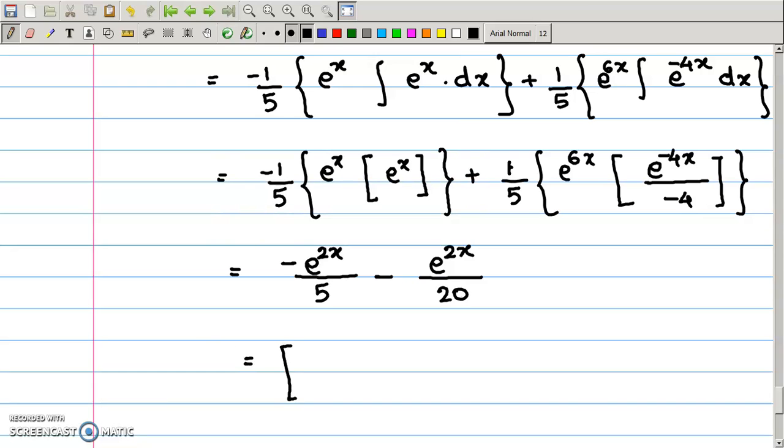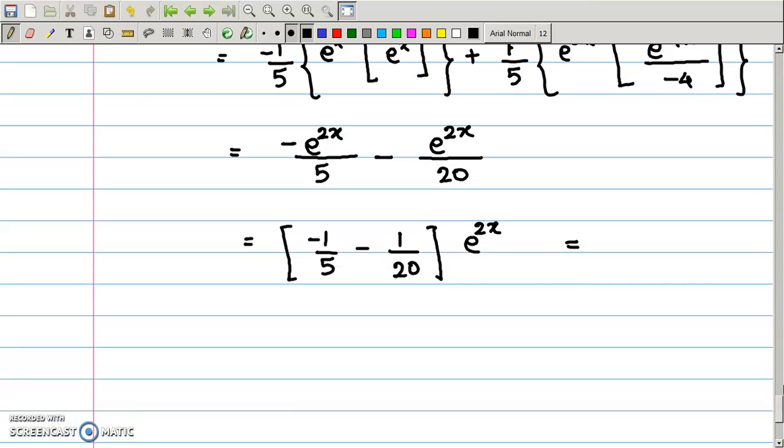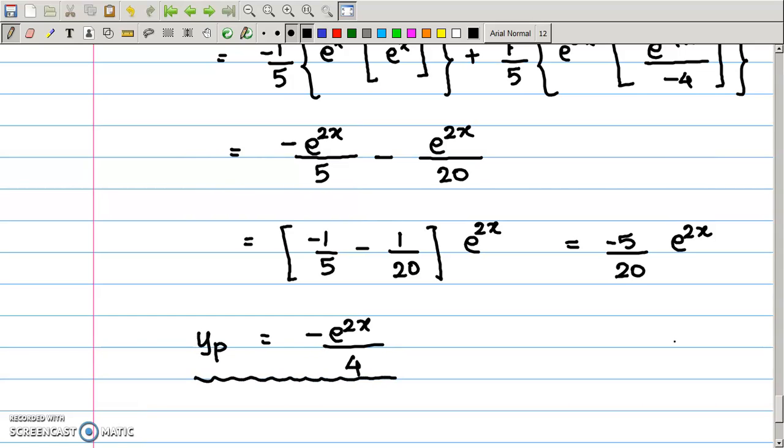So minus 1 by 5 minus 1 by 20, e raised to 2x can be taken outside. Minus 4 minus 1 will be minus 5 by 20 into e raised to 2x. If we simplify, e raised to 2x upon 4 will be the simplified value for the particular integral. We denote it by equation 2.